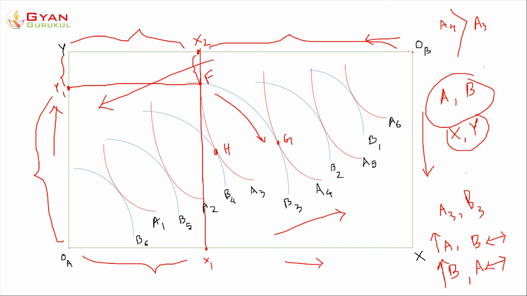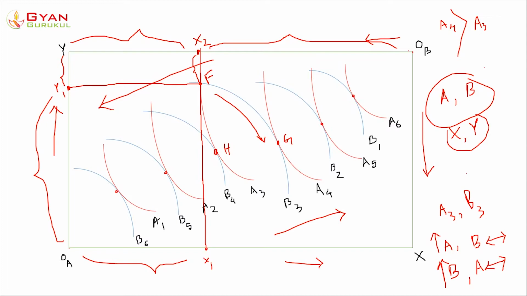Now, all the points where the indifference curves of A and B are tangent to each other, let's take this point, this one, and any other point where the indifference curves of consumer A and B are tangent.